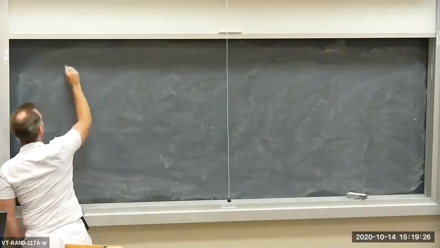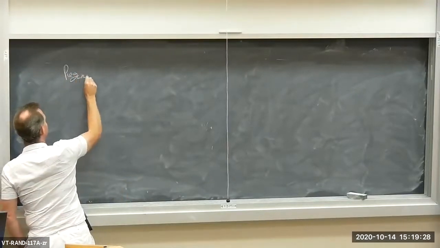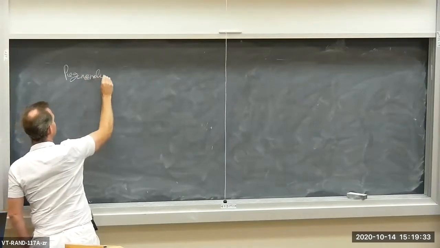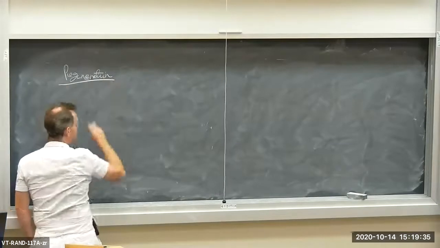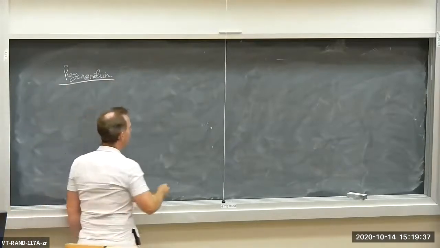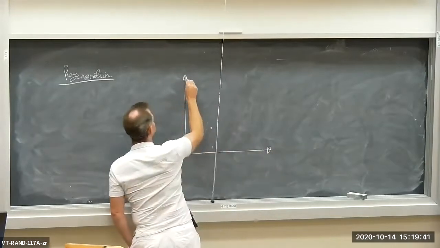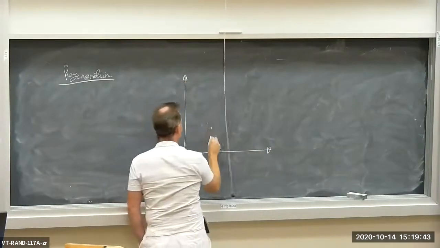So let's look at regeneration. Let's say we have a TS diagram here for our ideal Brayton cycle.